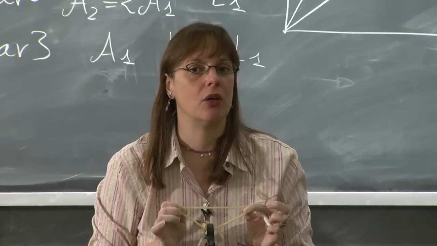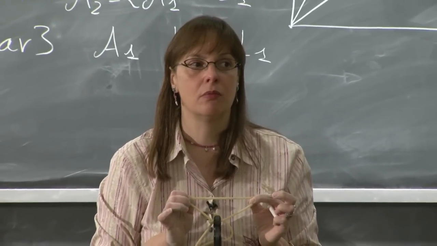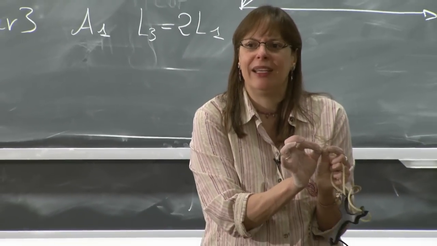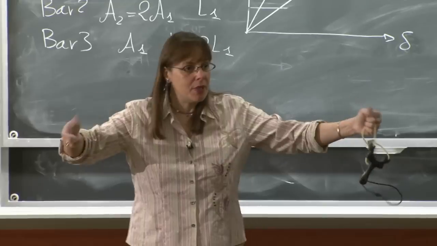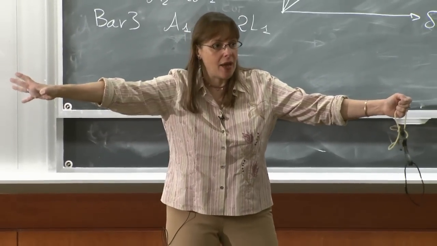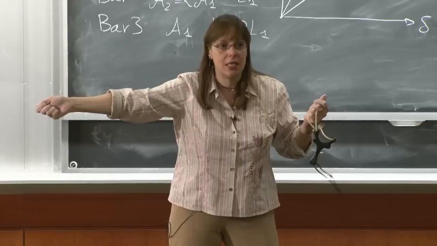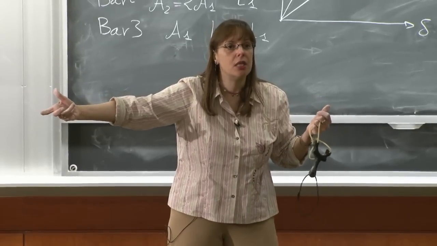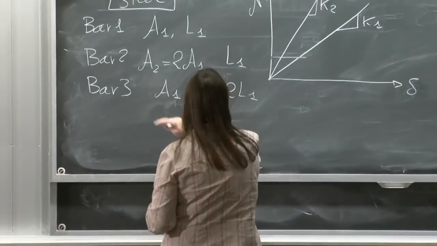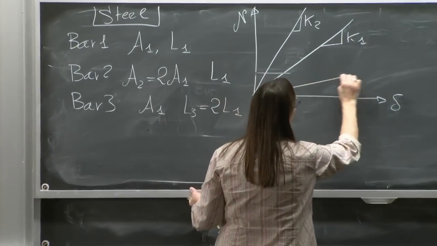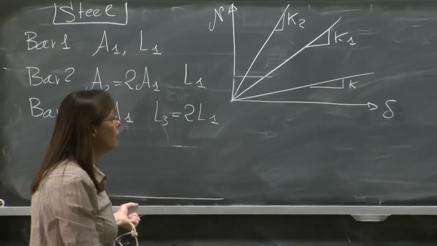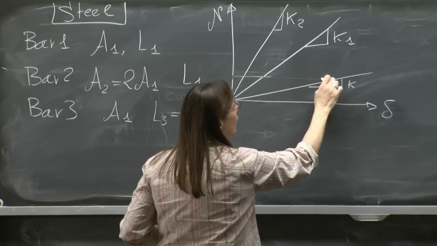Do I get more or less elongation? More. Imagine that I pull something that's 1 centimeter long, a little elongation. Something 1 meter long, a lot of elongation, right? So how much elongation I get for a certain force has to do with how big the structure was to start with. Do you see it in your mind? Excellent. So for bar 3, when I plot the stiffness, I'm going to find that it is lower than bar 1, because for the same force, I'm going to get more elongation.